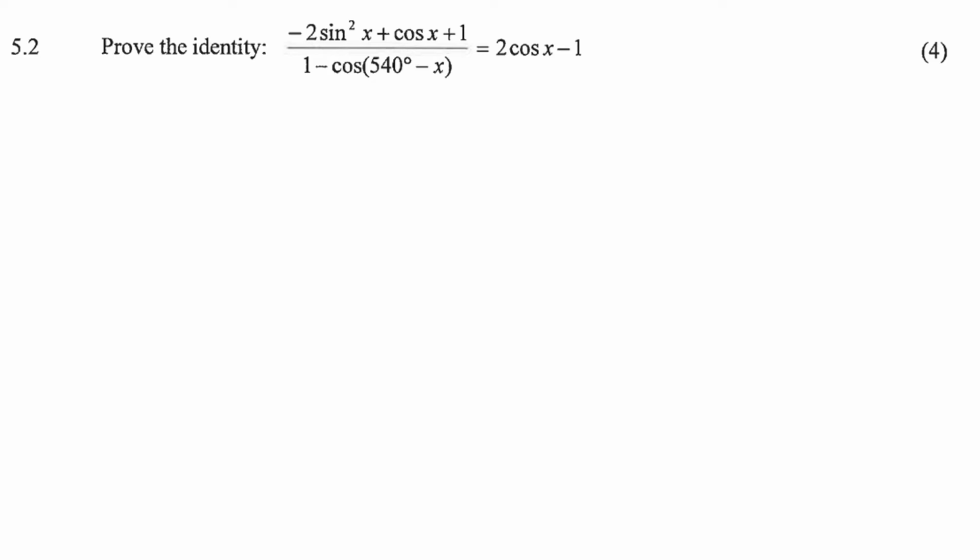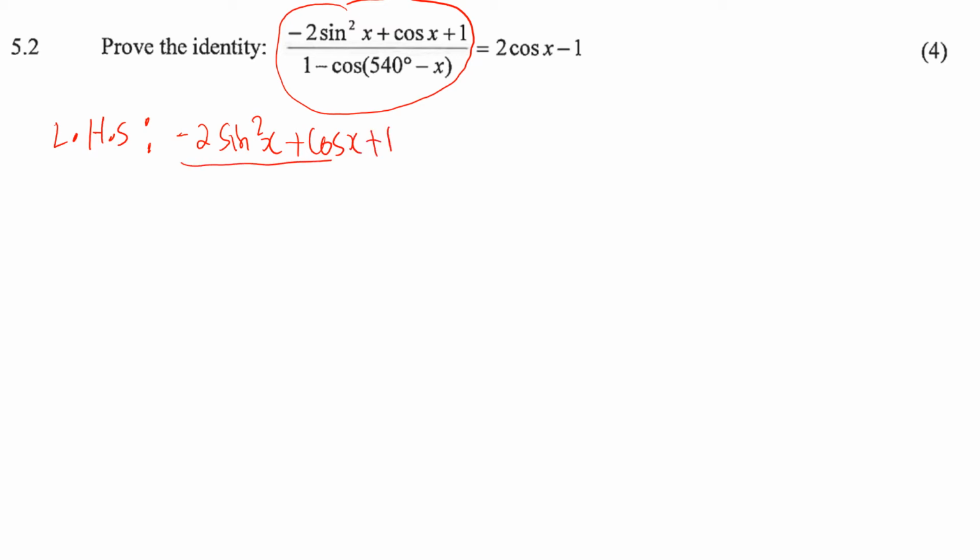We can see that this is quite complicated. We can simplify it and prove that it's the same as the other side. So we are choosing our left hand side to prove with, which is (minus 2 sine squared x plus cos x plus 1) all divided by (1 minus cos(540 minus x)).